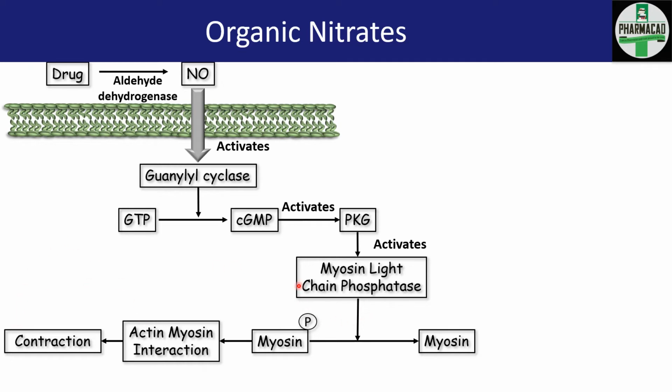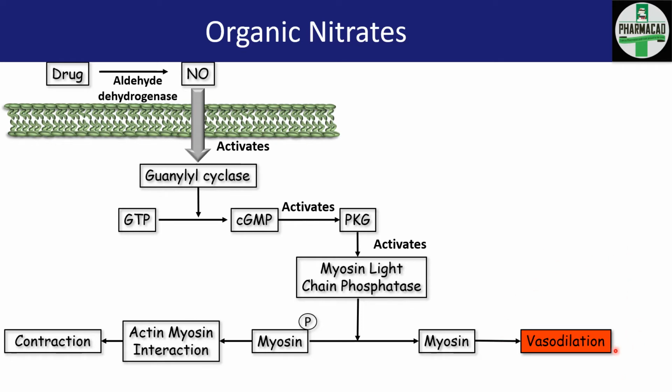But now this MLCP enzyme, as the name suggests, phosphatase, it dephosphorylates the myosin molecule. So it is removing the phosphate from myosin, and that inhibits the actin myosin interaction. So no interaction, no contraction, that means it will cause relaxation, which is called vasodilation.